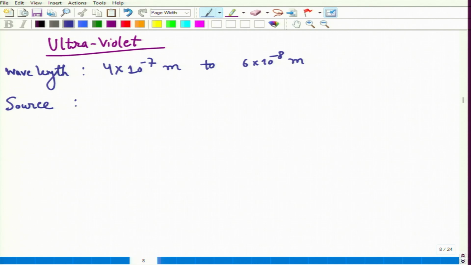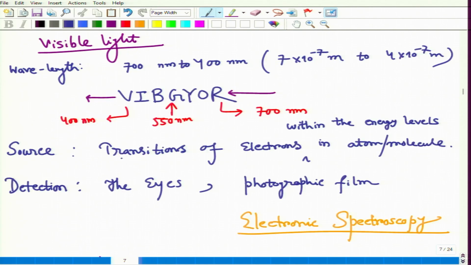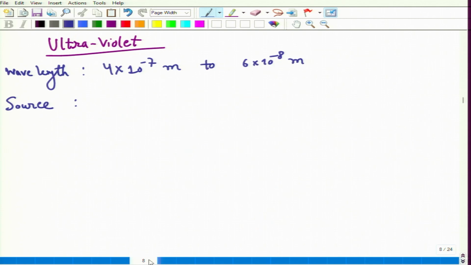Also, due to the electronic transition, the emitted electromagnetic waves also reside in the ultraviolet region as well. We have said that for visible light, and for the ultraviolet region, this is also the source: the inner shell electronic transition, right?